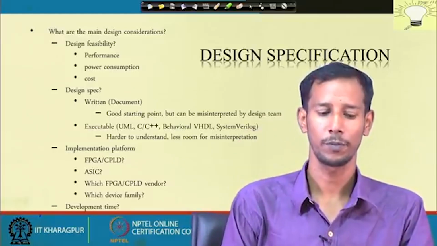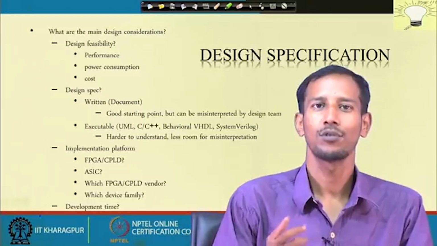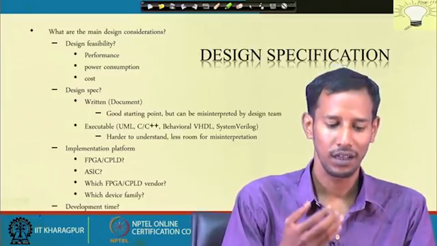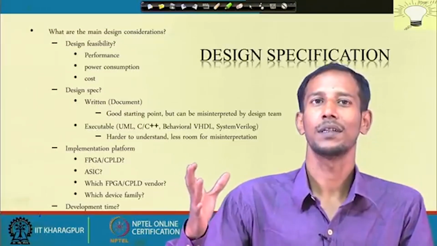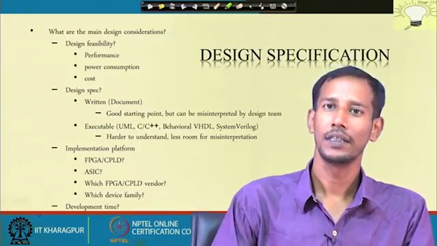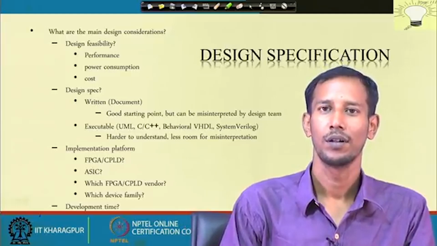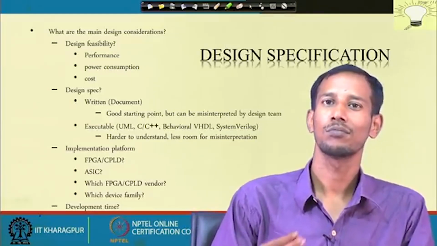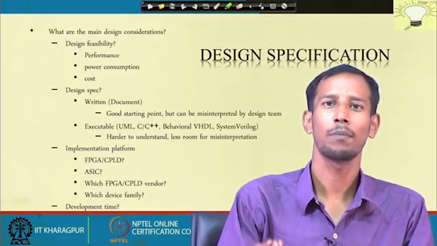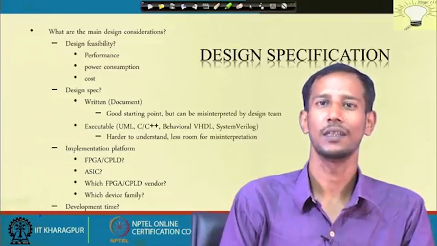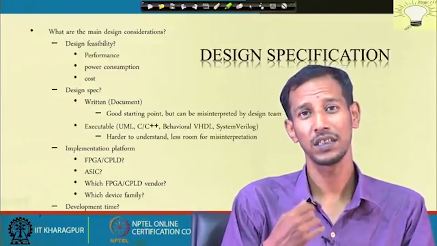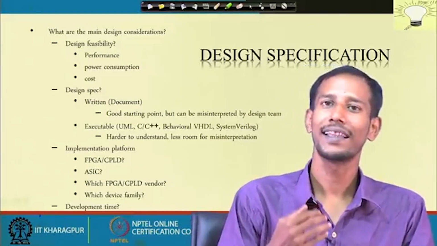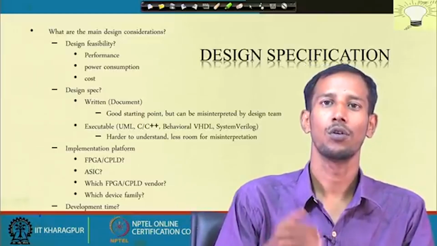Performance wise, suppose I ask you to design a 10 gigahertz speed processor. Is it feasible? Or if I say I need a processor with nanowatt power consumption, at that time I have to check whether that is feasible or not.